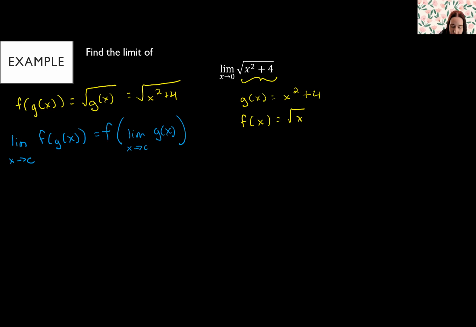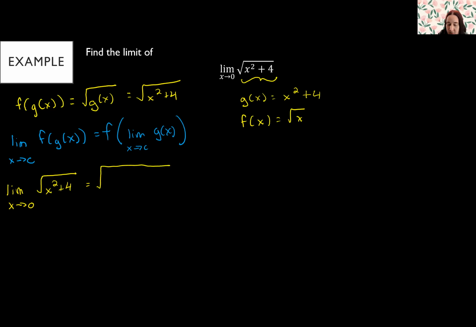So we have the limit as x goes to 0 of f of g of x. So this is our square root of x squared plus 4, and we have f being the square root of x.